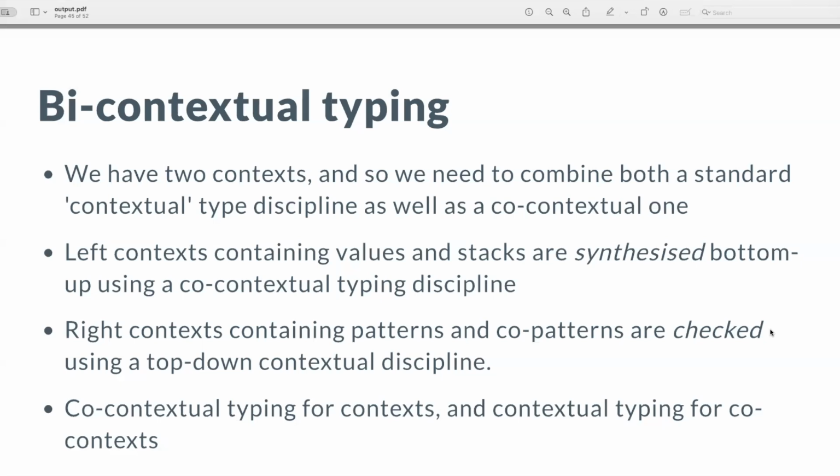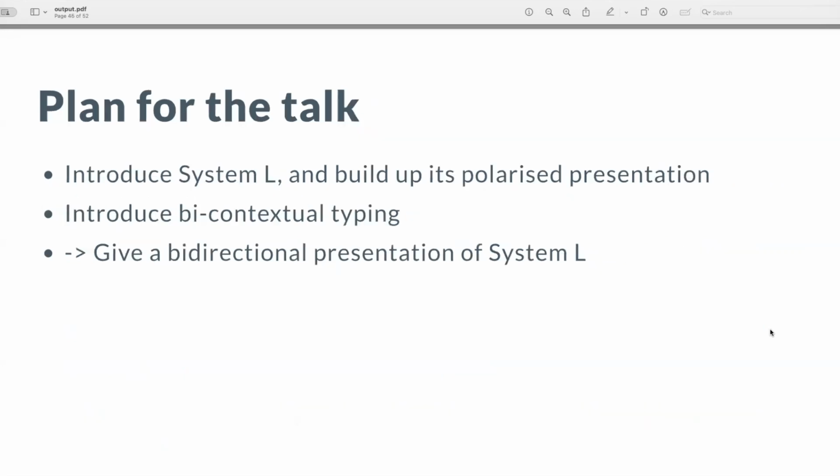The right context we need to type check normally, which I'll show in a bit, just to give you the high-level idea. Essentially, our normal context is typed co-contextually, our co-context is typed contextually. I didn't make this terminology, that's just what it ends up as. But yes, the point is left context one way, right context the other way.